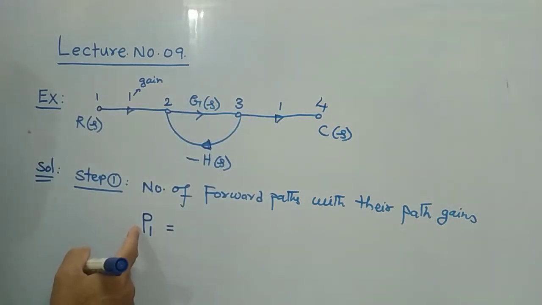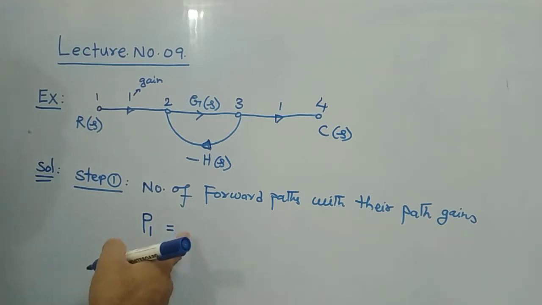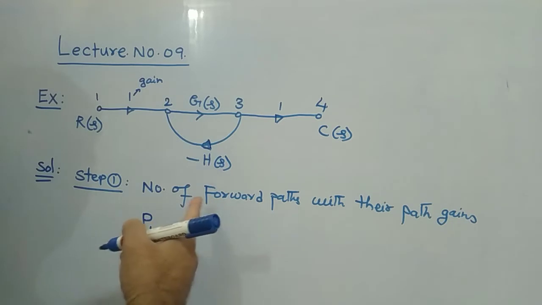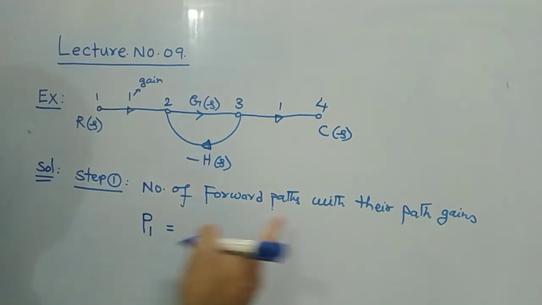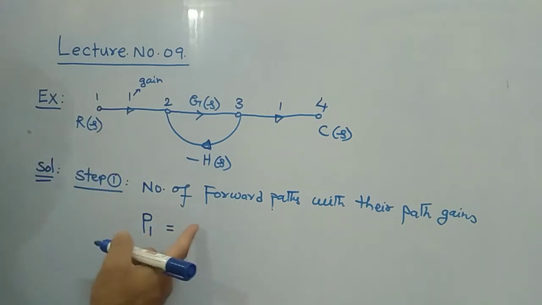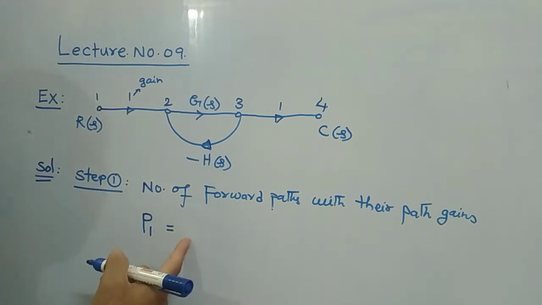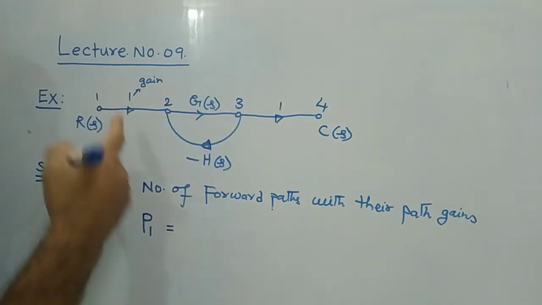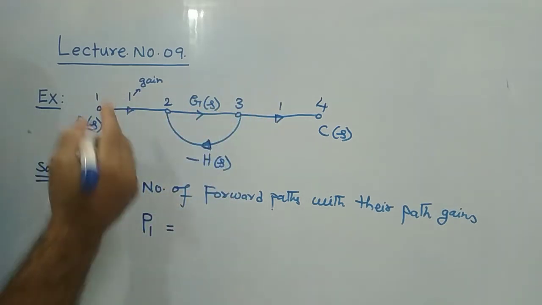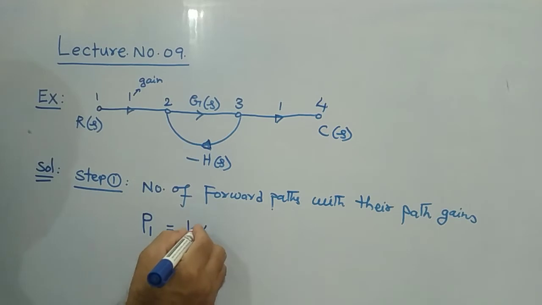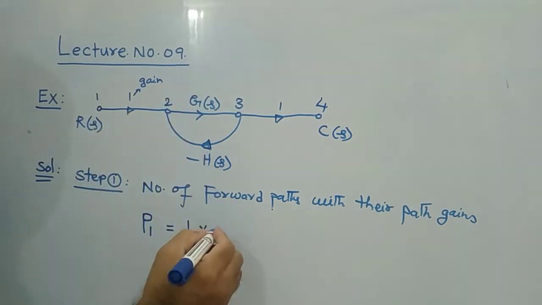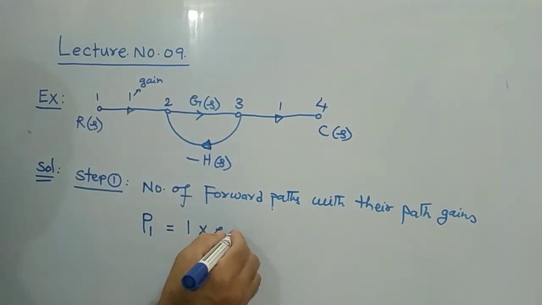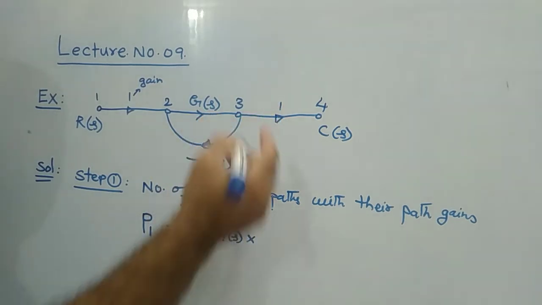Good. Therefore, P1 is the forward path, along with its path gain. Path gain means you have to take the product of all the gains available on that path. What is the first gain? 1, into the second gain, G of S, into the third gain, 1.